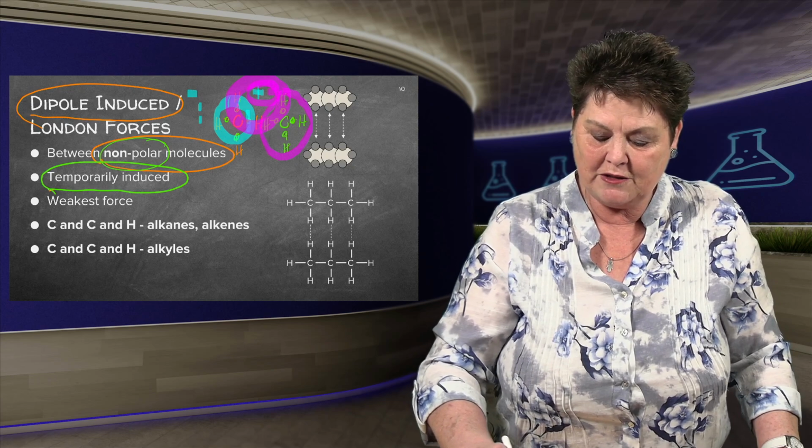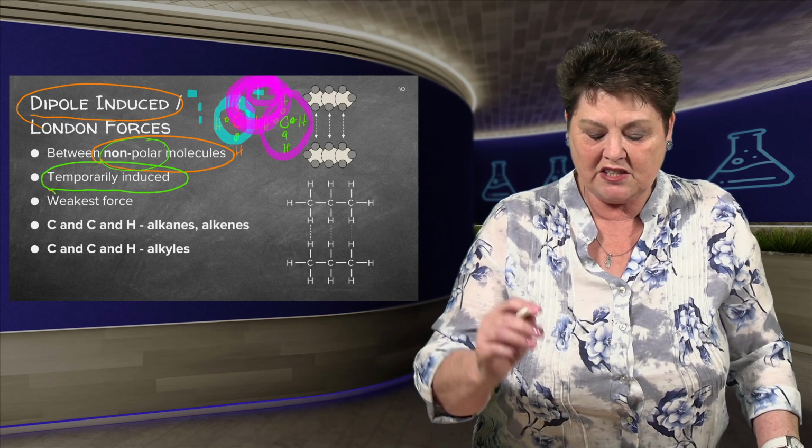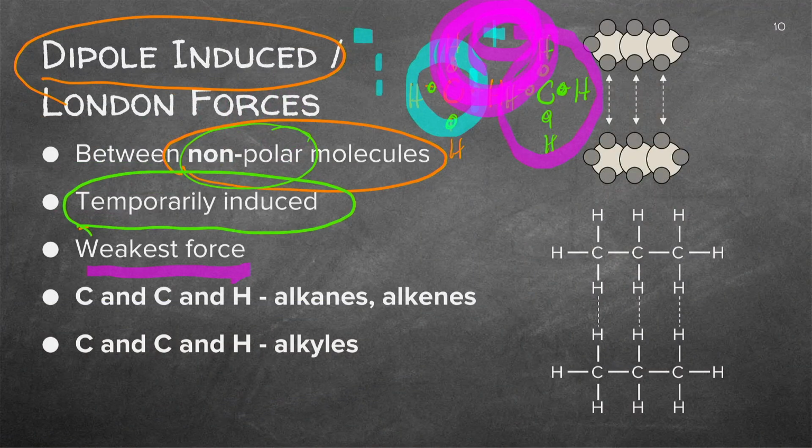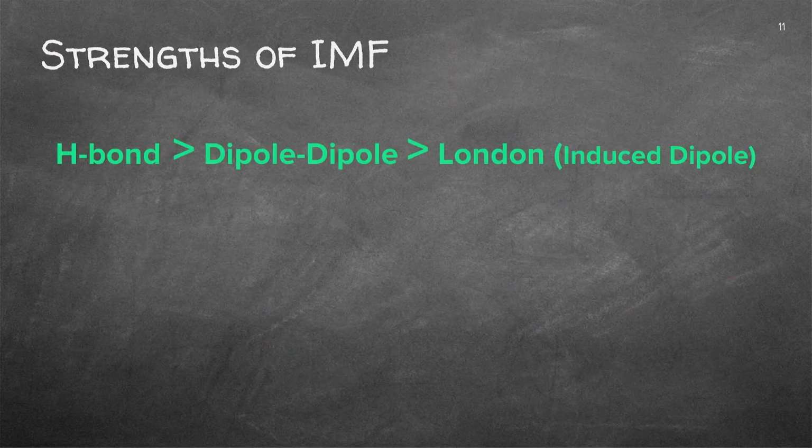As it moves around in this cloud, it's just for that moment that that electron is not there. It's the weakest, and that we find in all the alkanes and alkenes, and specifically the alkyls. So here you see I've got a propane there and another propane, and that bond there is very weak depending on this cloud.